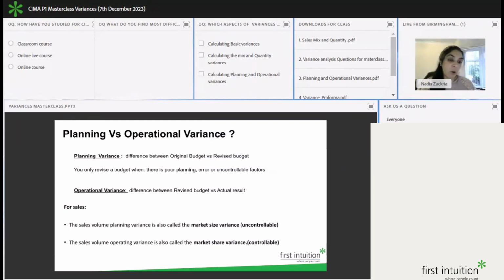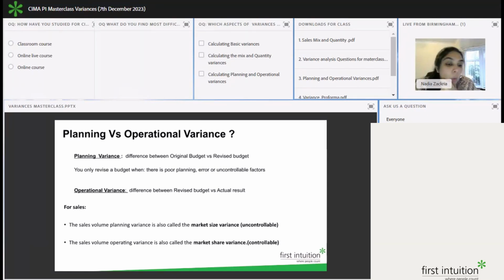And therefore, what we do is we break the variances down further into saying, right, what was not within someone's control, that becomes your planning variance, and something that was within the manager's control, which becomes the operational variances. And that's what we can see. So planning is always thinking about what is not controllable, whereas operational is anything that is controllable by the manager in question and therefore should be held accountable.